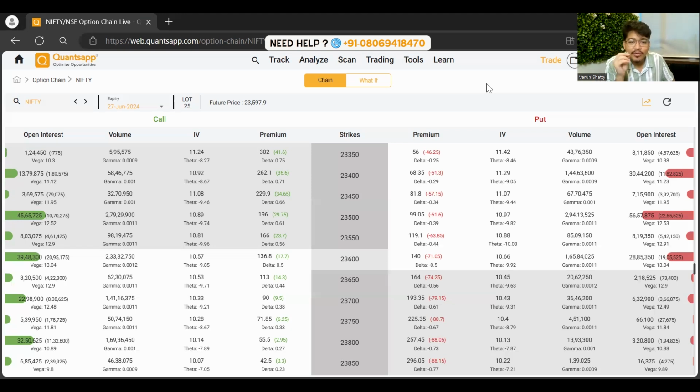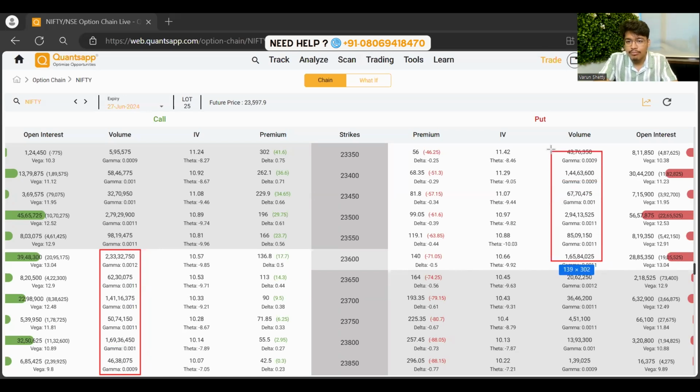Now, volume gives you a very interesting insight. Let's say call volume is much higher than put volume, what would that mean? Let's just look at the OTM strikes and ignore the ITM strikes. So we'll look at the data from here to here, from at the money to OTM, and similarly here to here.